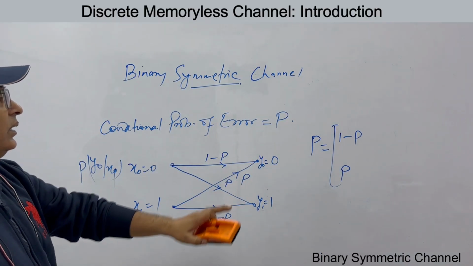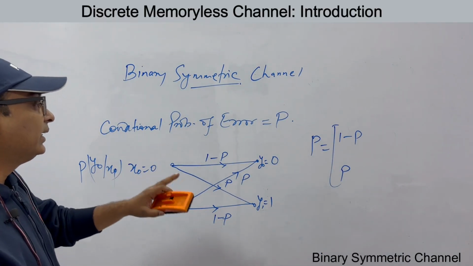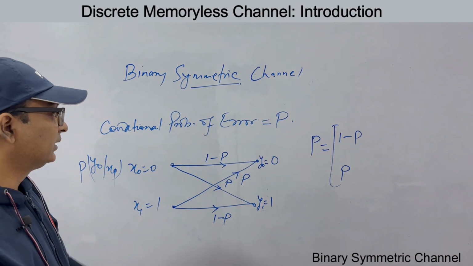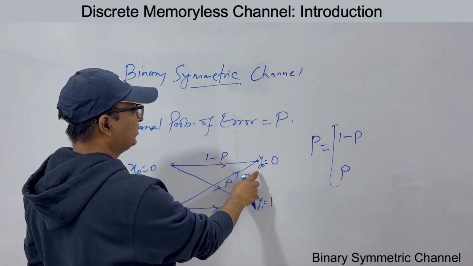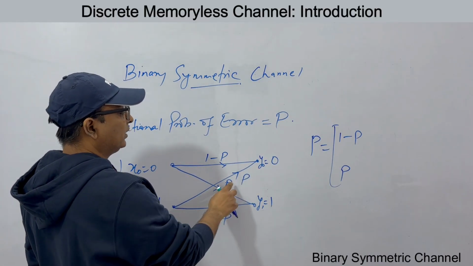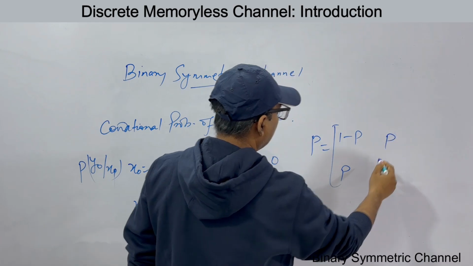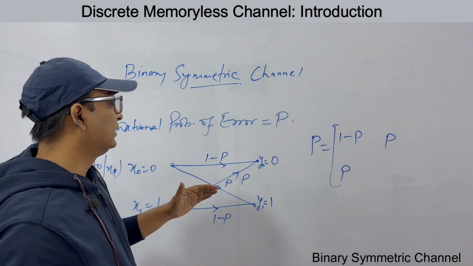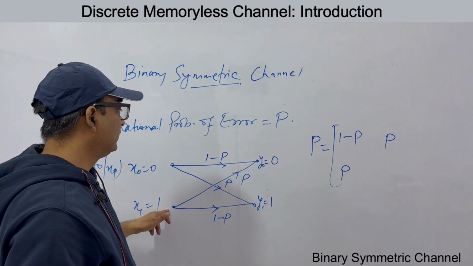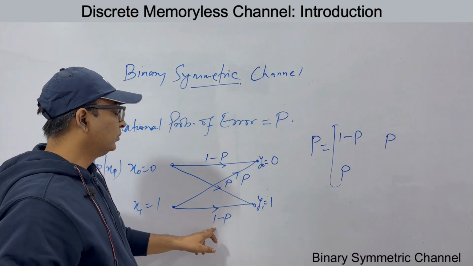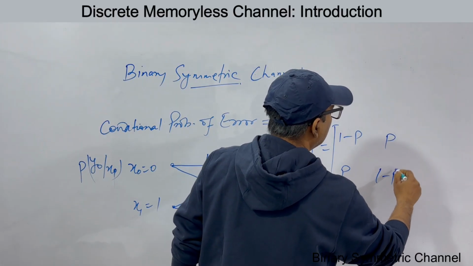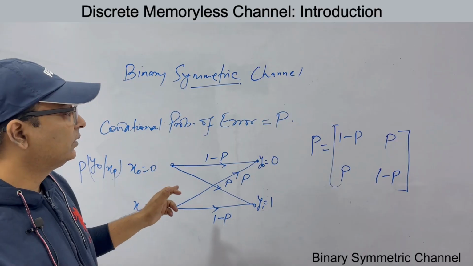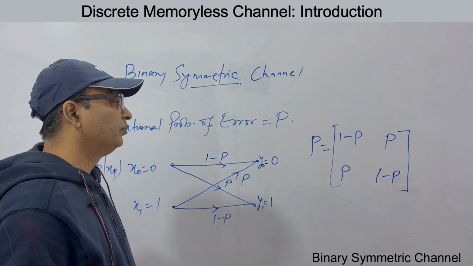Now the second row: we get y1 when x0 has been sent, the probability is p, and the other one, that is, you send 1 and you get 1, is 1 minus p.